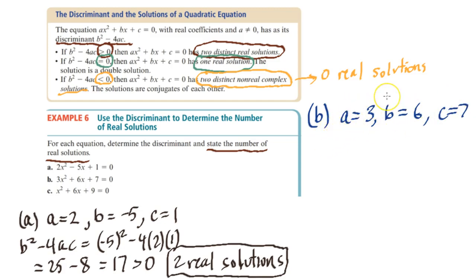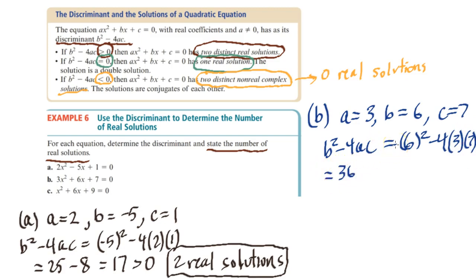So in this case, we have b squared minus 4ac. b is 6, so that's 6 squared minus 4 times 3 times 7. That gives us 36, which is 6 squared, minus 4 times 3 times 7. That is 12 times 7, which is 84.